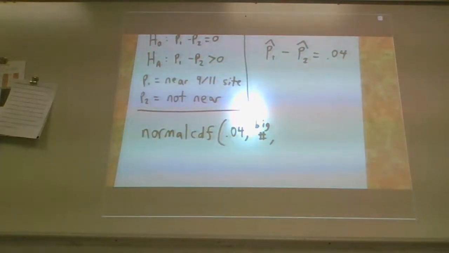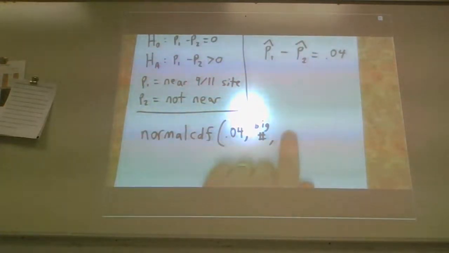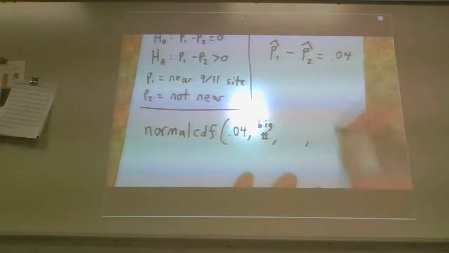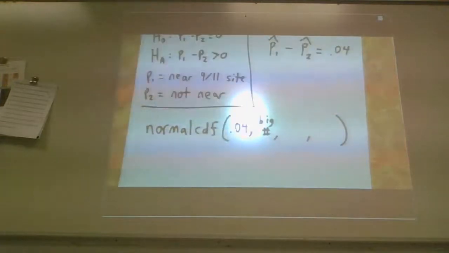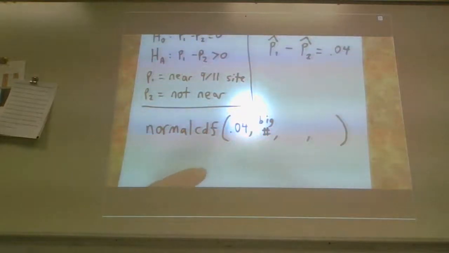Goodness gracious. What do I put for my mean? What in the heck do I put for my mean? Oh. The mechanics behind that are going to be very, very important.